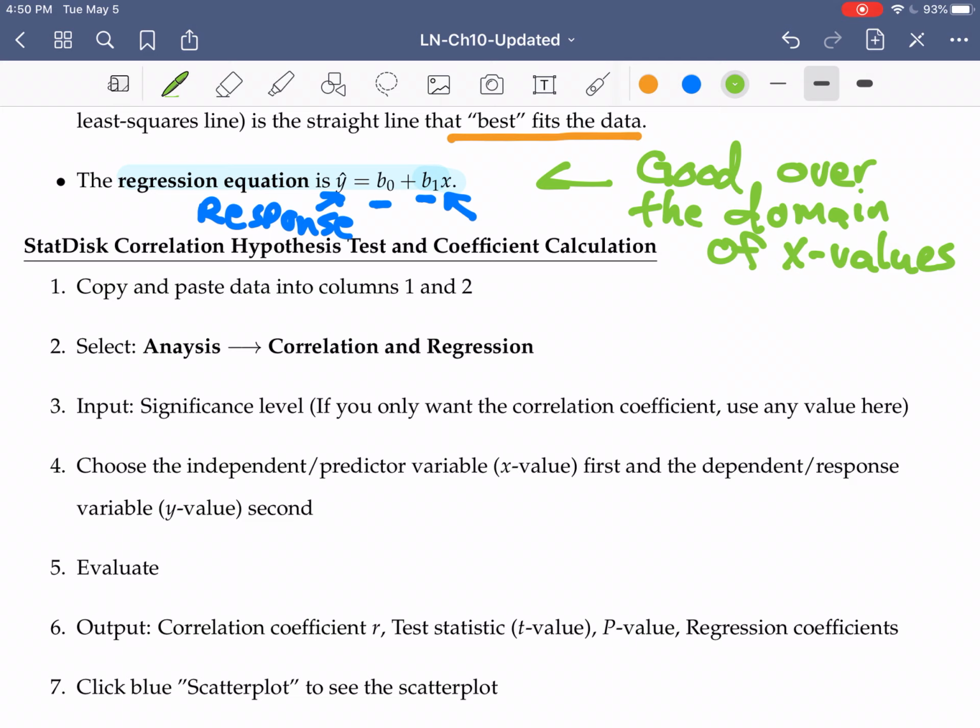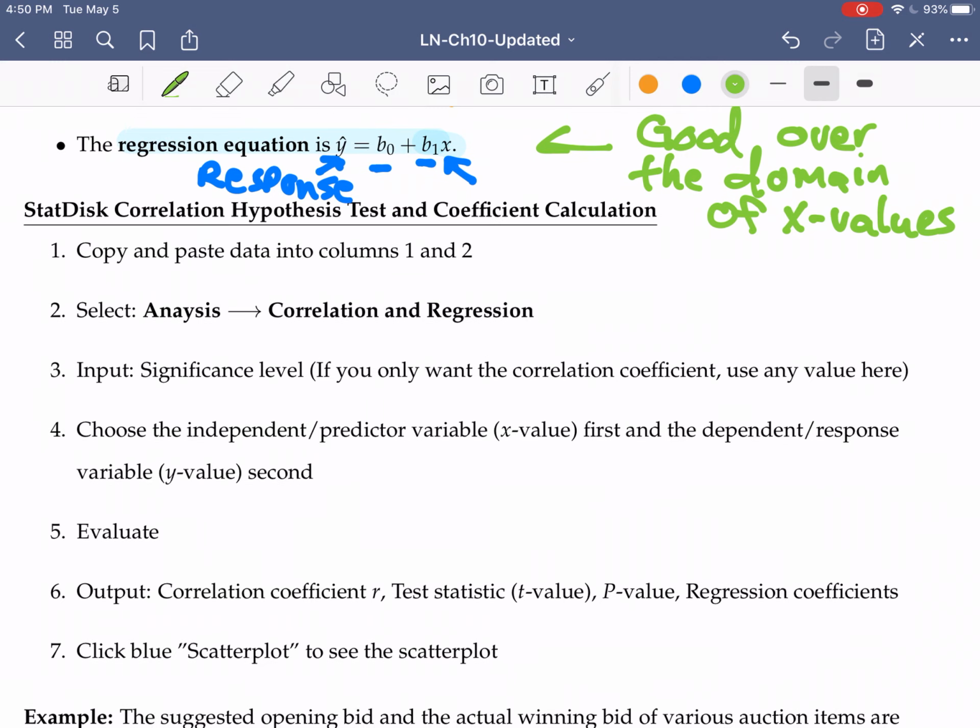Once we get outside of x values that are in our actual data set, the regression equation is going to get worse in its predictive ability. We'll be less certain of its predictive ability as we get outside the domain of our x values.